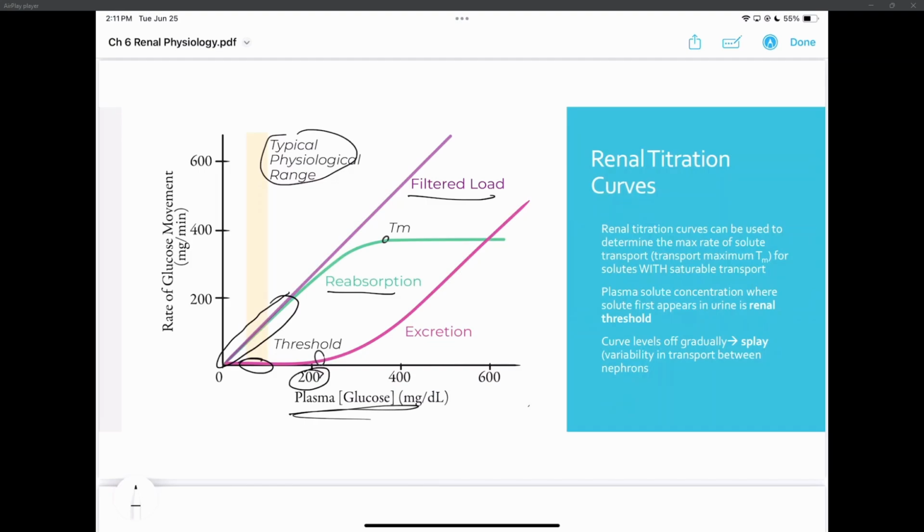Constantly in this 200 range, you'll see excretion. Now we're starting to see glucose in the urine because the transport mechanisms have all been saturated because we have too much glucose. We can't reabsorb it. So there's this definition, it's called splay.